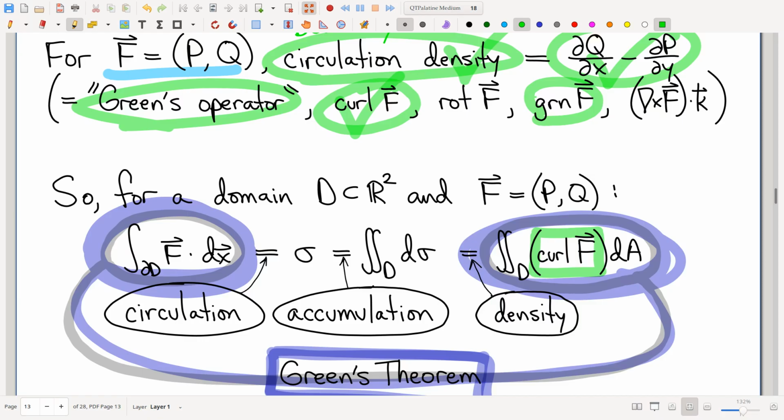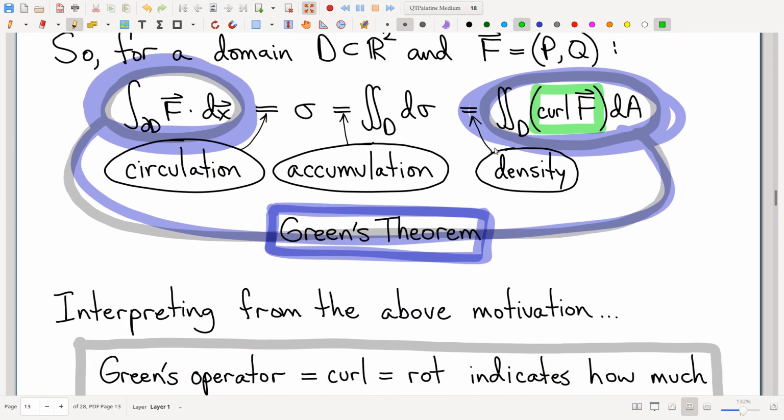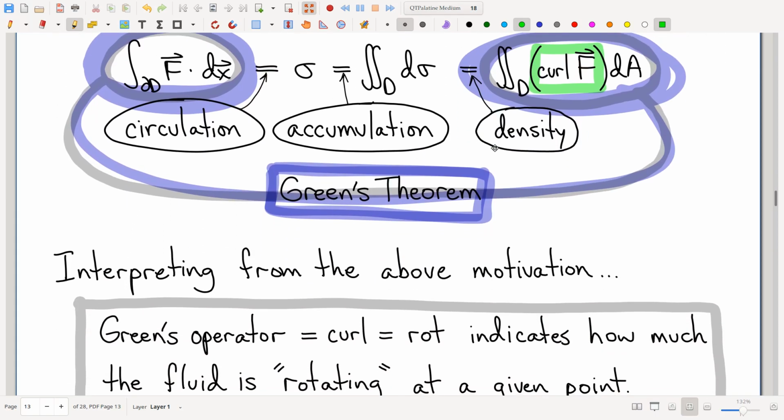But there are other notations, these other two. Before I talk about this one, let me remind you of what we're doing here. We're computing circulation, so let me pull your attention back to our interpretation of circulation. Physically, how do we think of it?